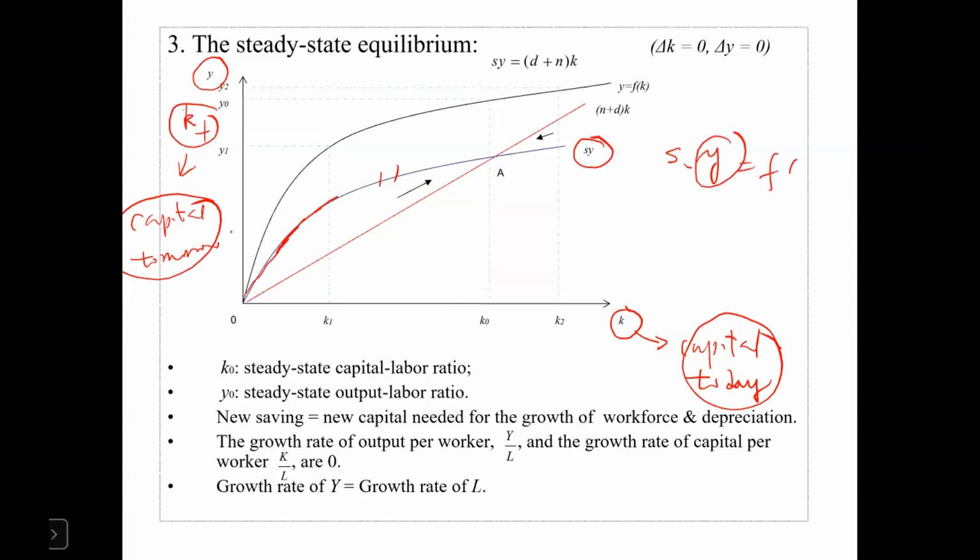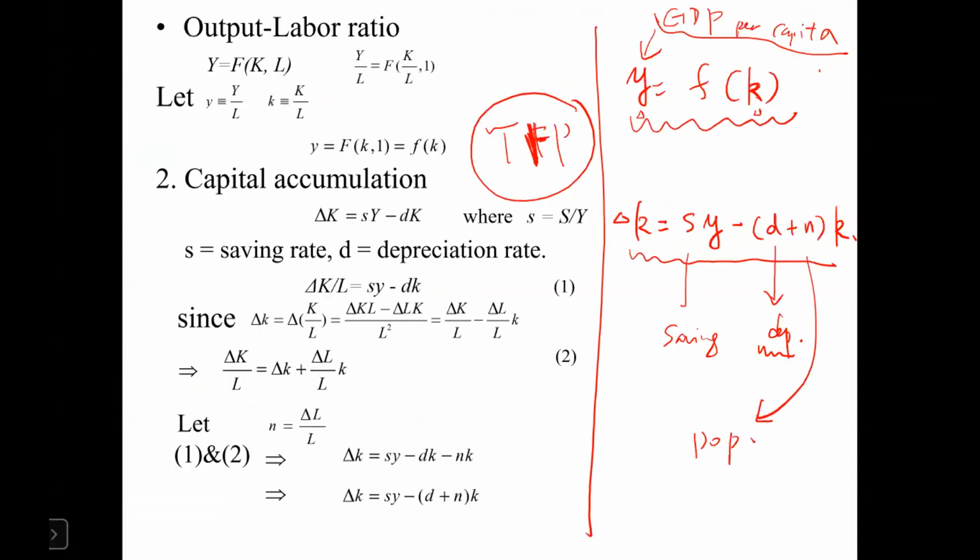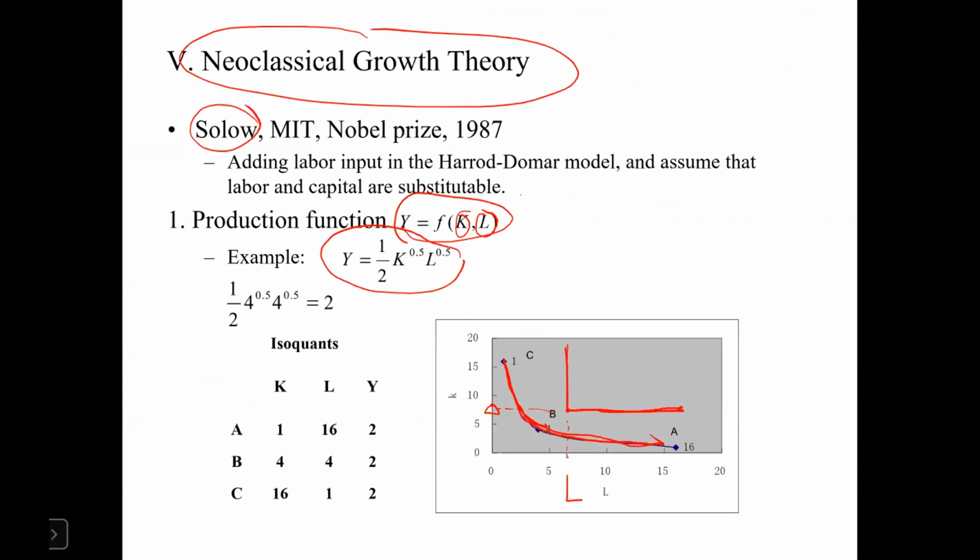Y equals F of K. But the F function, as we saw earlier, maybe just go to this slide. Here, right? A typical production function like this: the relationship between K and Y is going to be a concave function, right? So now we're back to here.